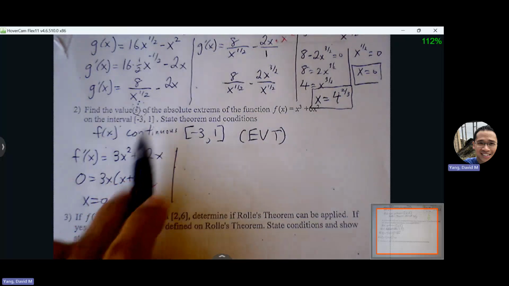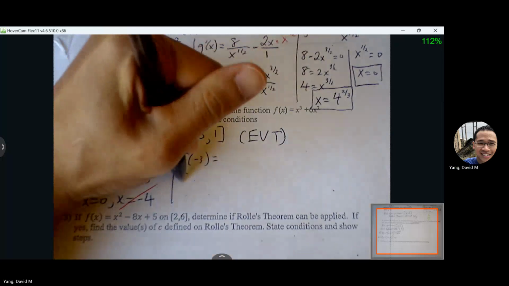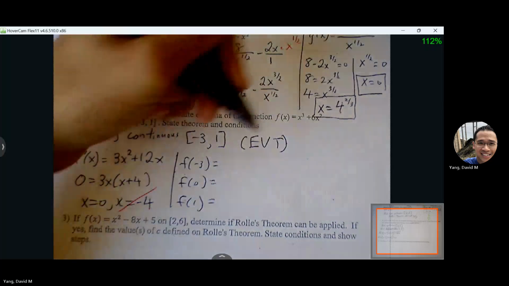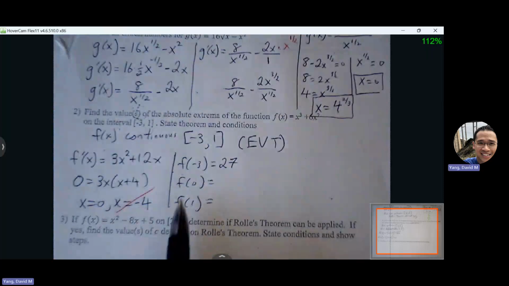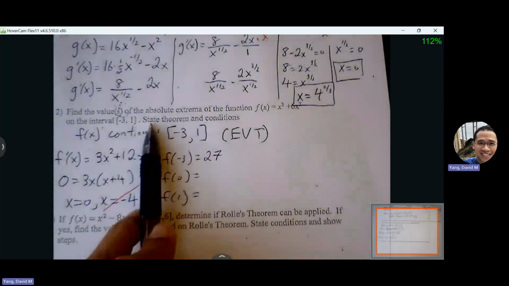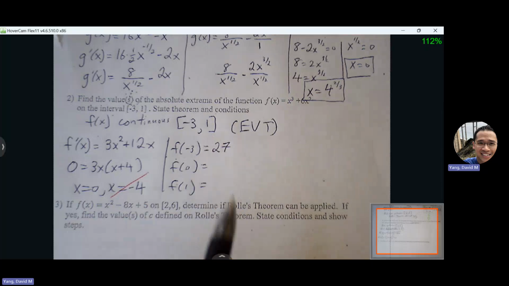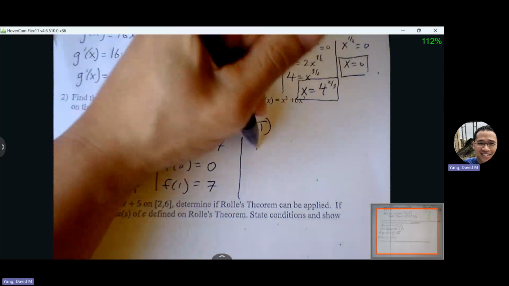The 2 endpoints and the 1 critical point. Make sure you plug back into the original function because now you're looking for a physical location from your candidates. Just give me the y values.